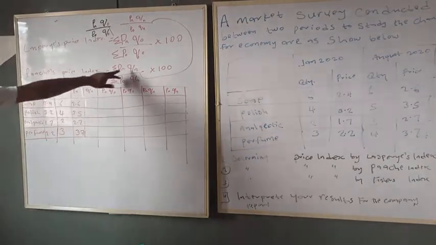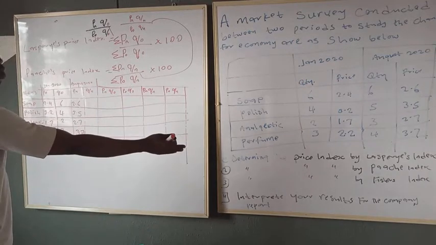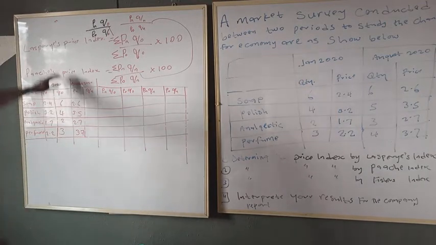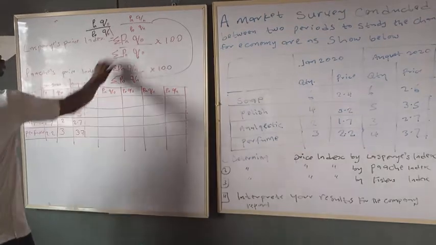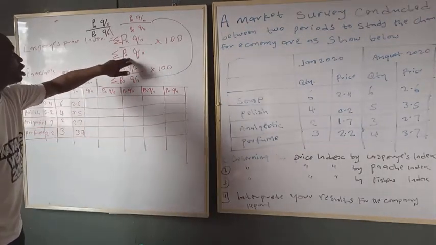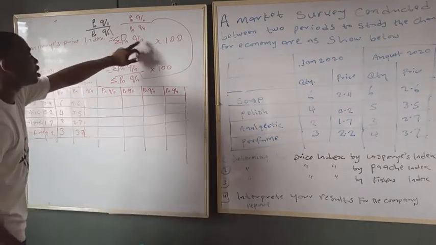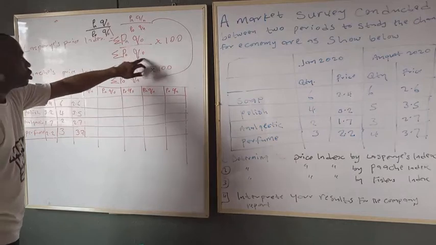Now, in order for us to get the formula we need to solve for what is being asked of us, that is the Laspeyres price index. This is what we are going to use to solve it: summation of PN QO divided by summation of PO QO times 100. So we have to get the summation of PN QO and PO QO.